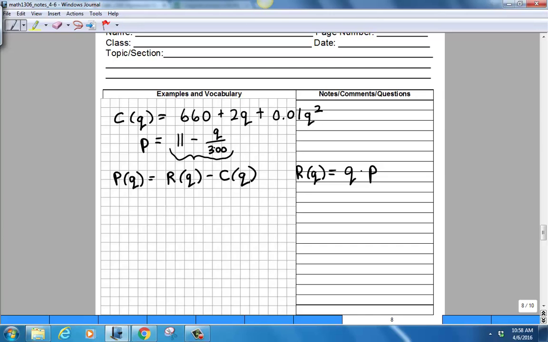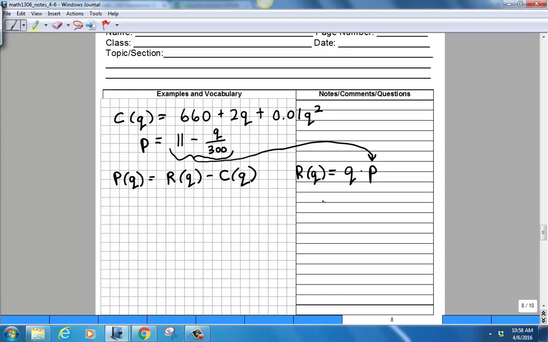So I can take 11 minus Q divided by 300 and substitute that in this equation for P, because that's the relationship between the demand and the price. So where I have the P here, I can plug in 11 minus Q over 300.